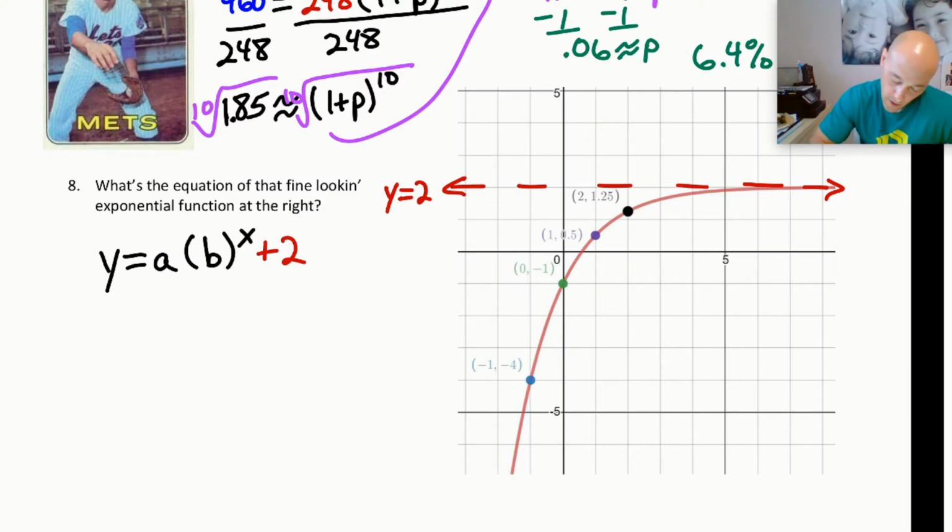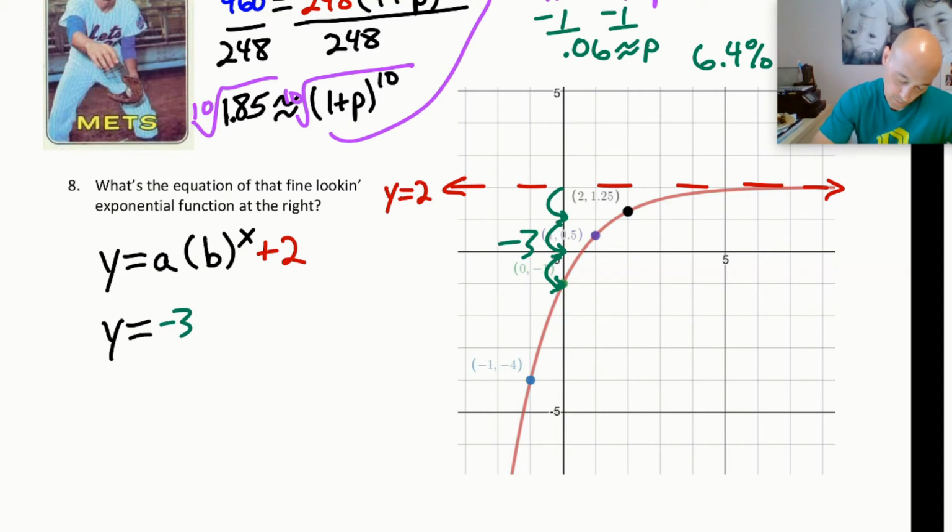And now, from our asymptote there, if we go down 1, 2, 3, we get this point right there. So that means that my a value is going to be -3.